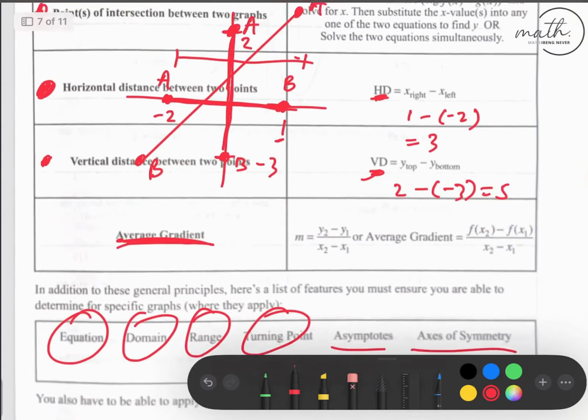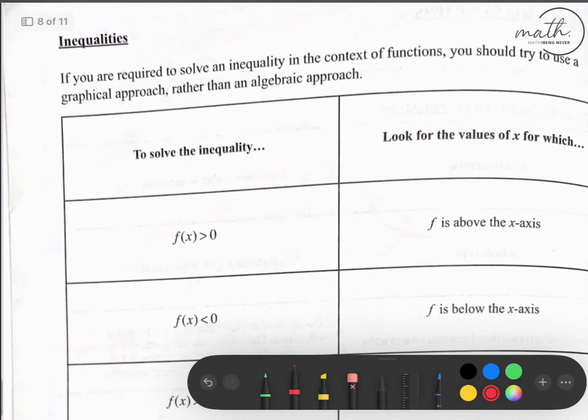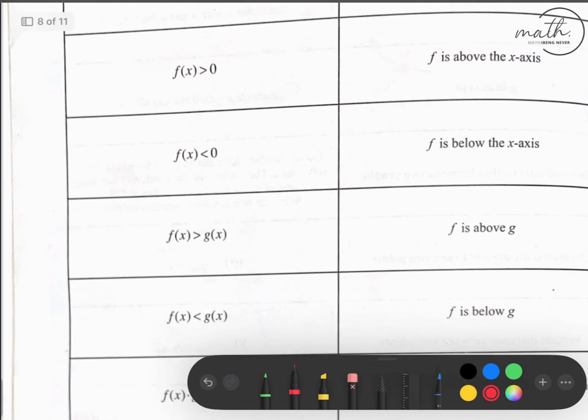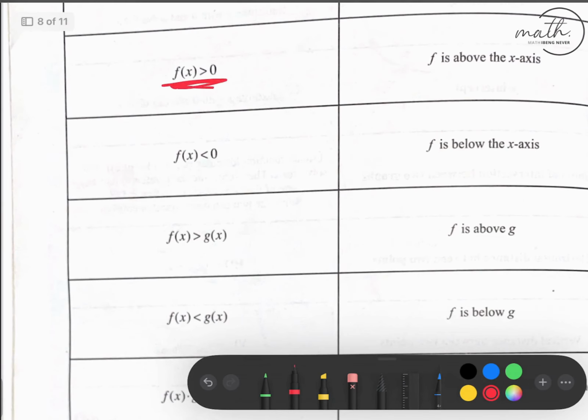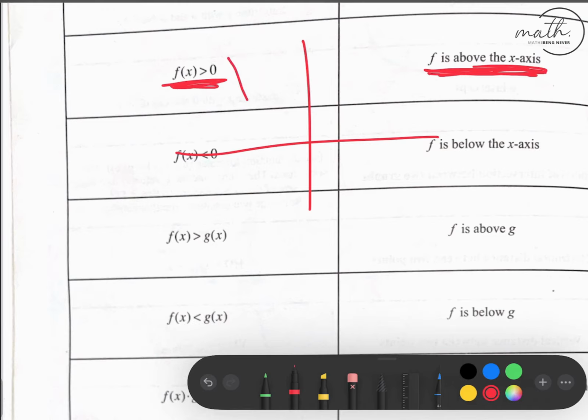Inequalities. So for inequalities, they can ask you the following. They can say, give us the values of x for which f of x is greater than 0. What does that mean? They just say find a region where the graph is above the x-axis. For example, let's use that same graph. So if you have a graph like this, let's say it crosses at -1 and 3.